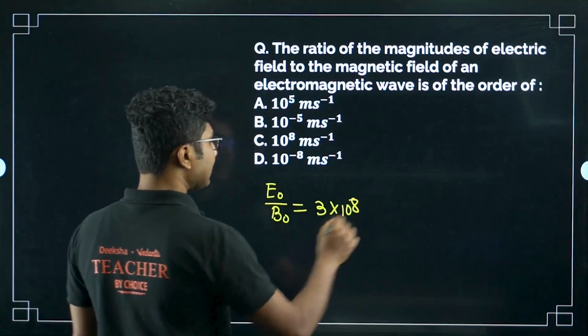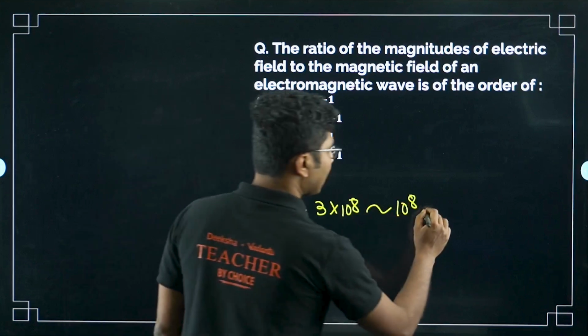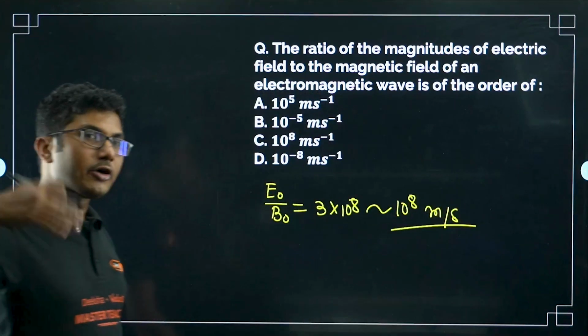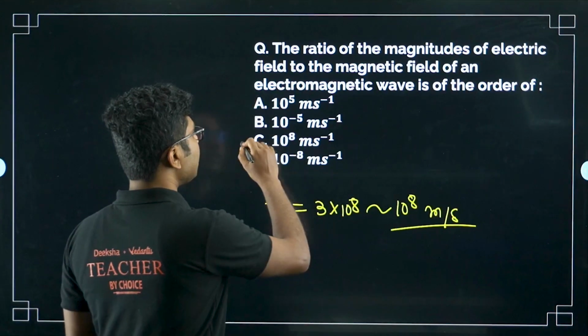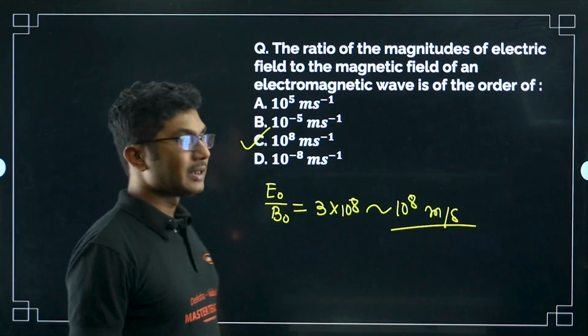So we can say this is of the order of 10 to the power of 8 meter per second. If you ignore the 3, of the order of means the power of 10. So obviously it is 10 to the power of 8 meter per second.